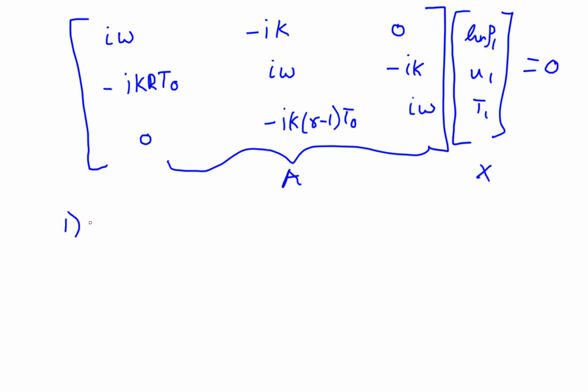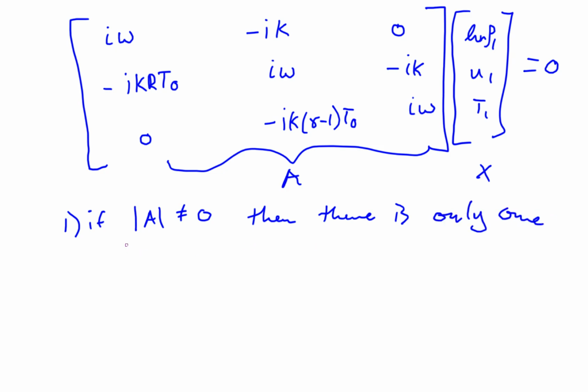One, if the determinant of A is not equal to 0, then there is only one unique solution to Ax equals 0.